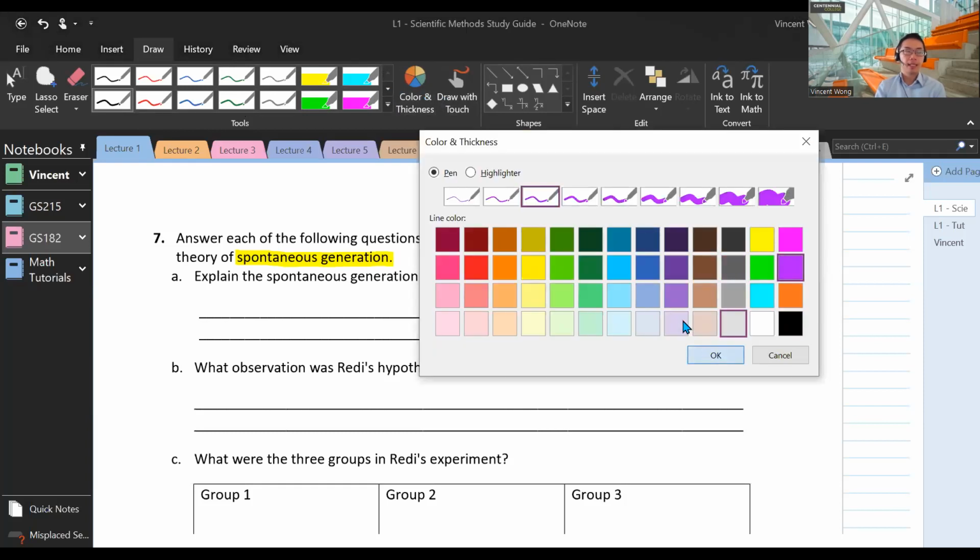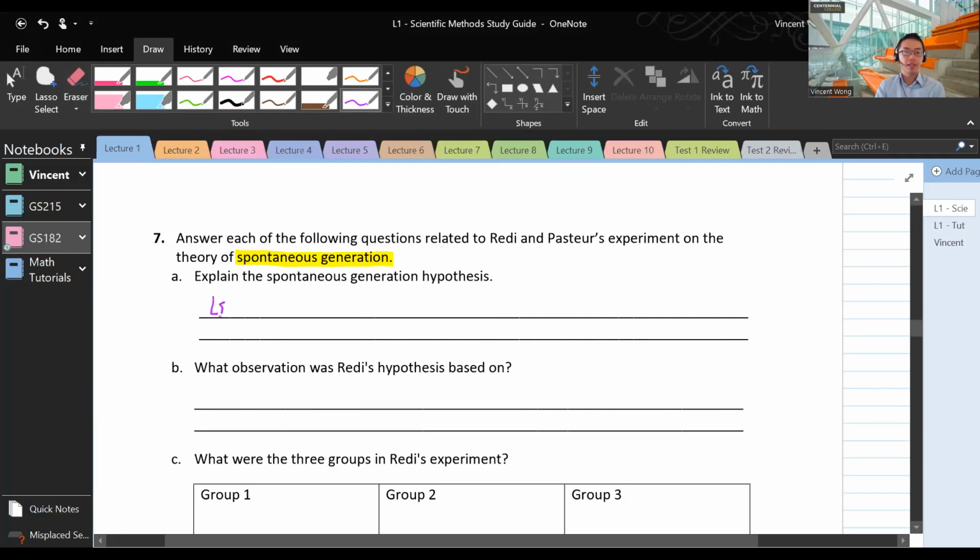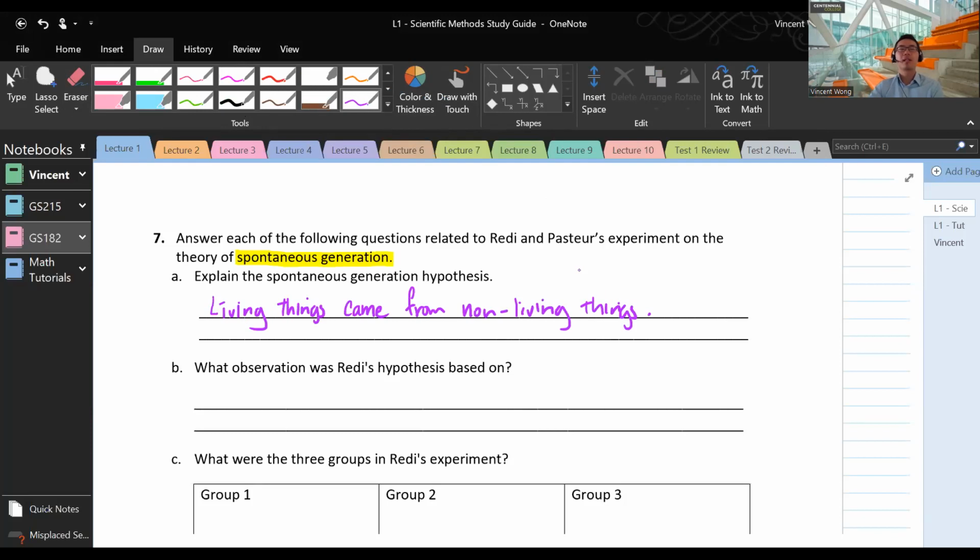So basically, the theory states that living things came from non-living things. In the past, people were saying that all the living organisms must have spawned from non-living things. Because people see fishes rain from the sky, and they're like, oh, sky, non-living, fishes are living. Therefore, living things came from non-living things.